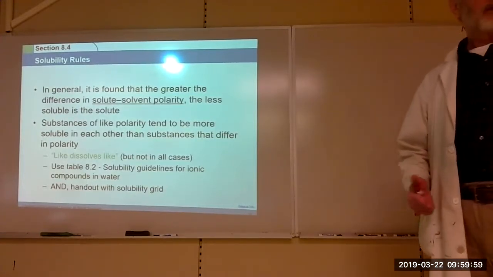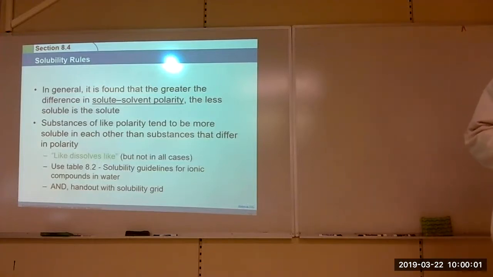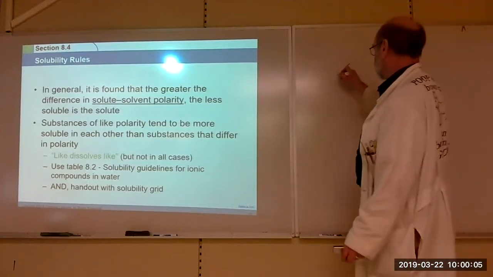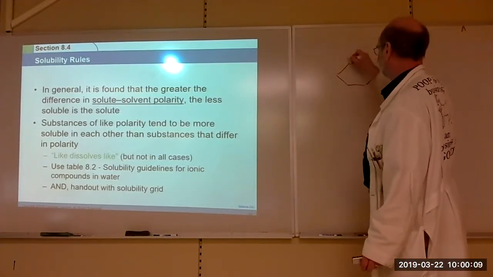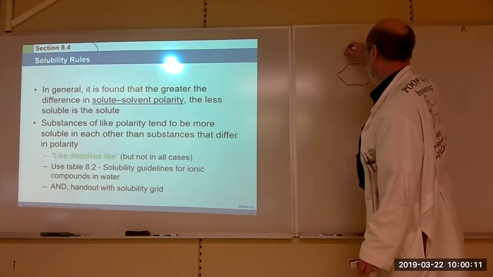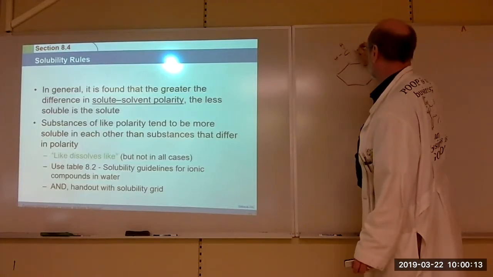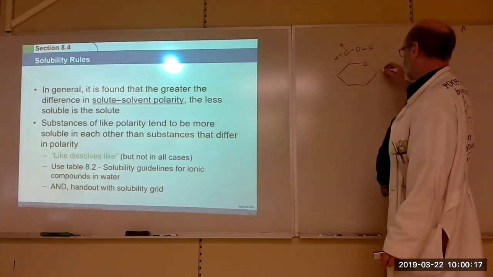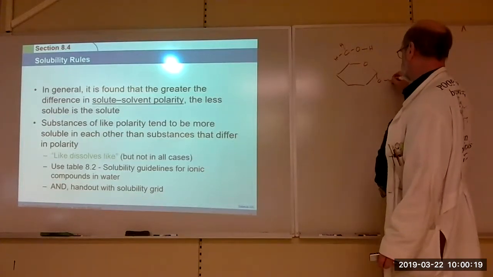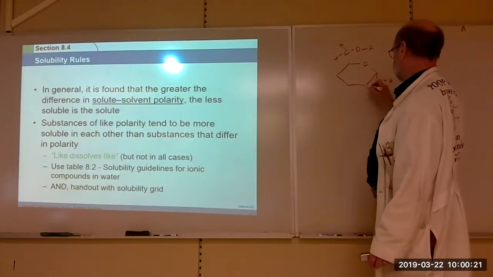Sugar. Sugar is surrounded by OH bonds. So the molecule is going to be, well, this is glucose. That's hydrogen, hydrogen, oxygen, hydrogen. And then you've got OH is all over the place.